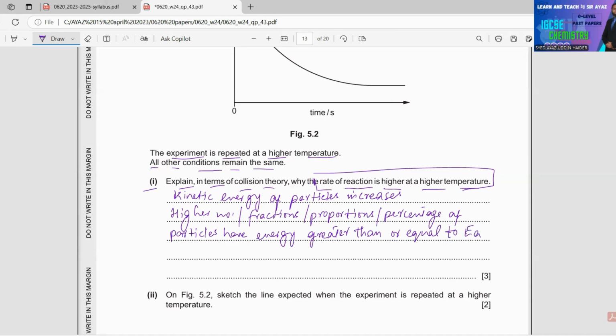Activation energy is represented by capital E with the base A. You will get 2 marks here, 1 mark for this one, 1 mark for this statement.